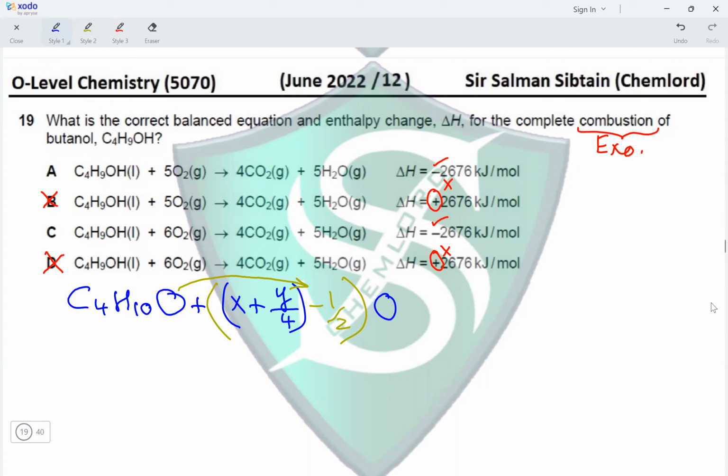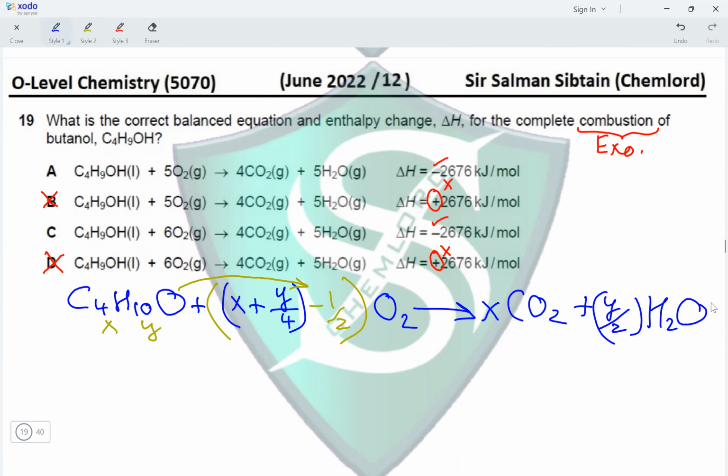This gives us X moles of CO2 and Y upon 2 moles of H2O. Now here, the value for X is 4 and the value for Y is 10.